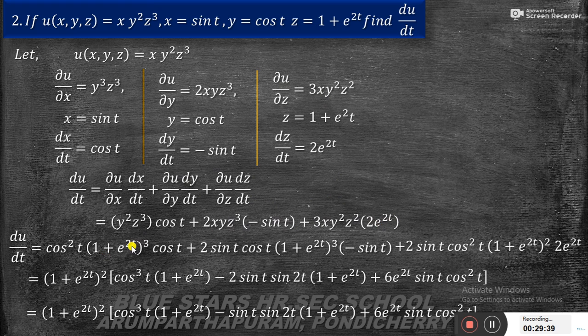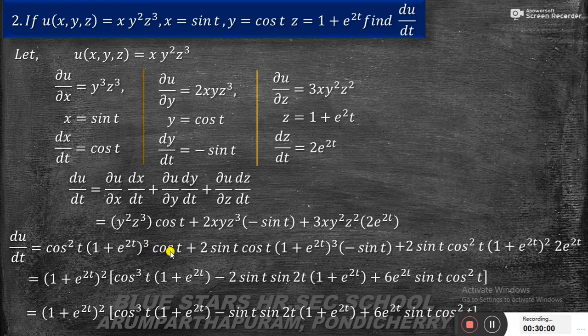Now you just write it. That means cos t into the y value: the y equation is cos t, so cos square t, into z cube, the z equation is 1 plus e power 2t, whole cube.